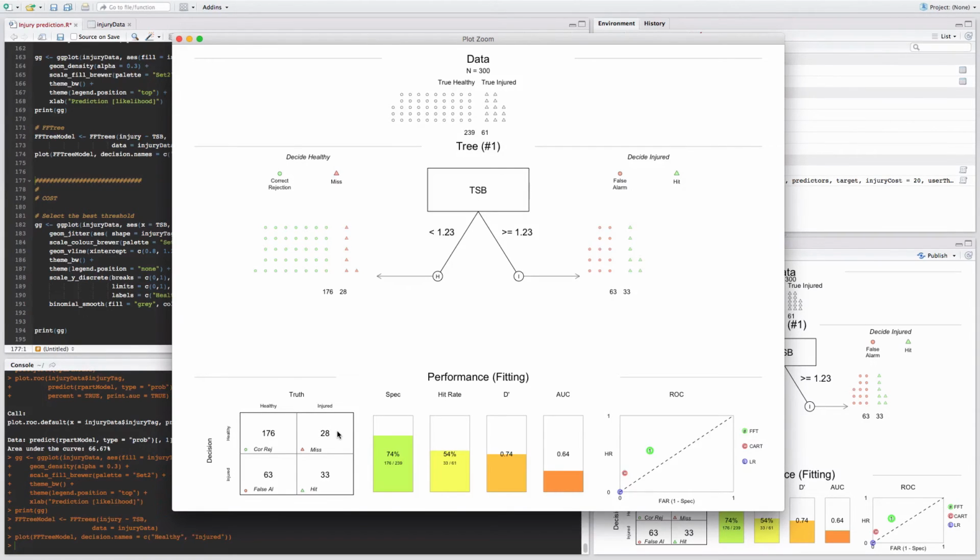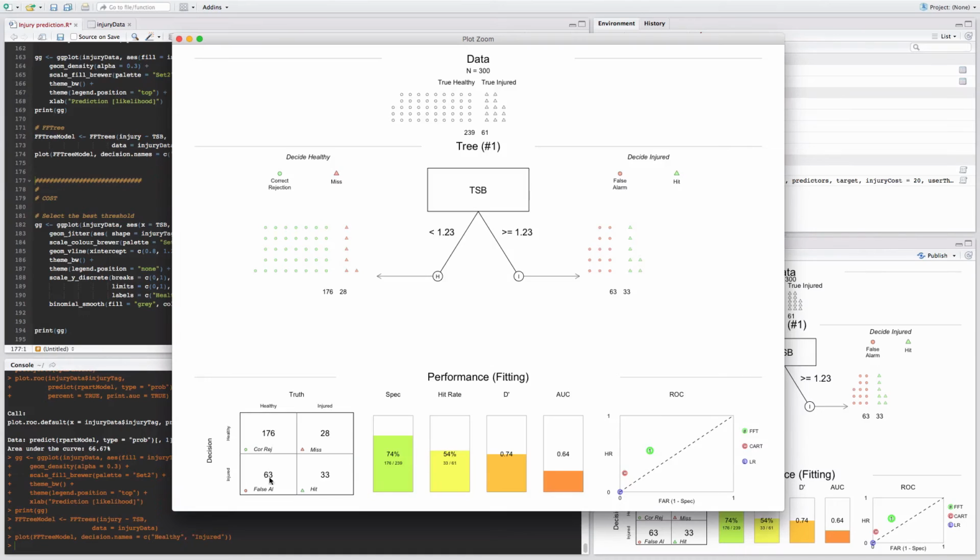For example, let's say this costs me 1, all these 28 times 1, and these cases cost me 20. So the ratio is 1 to 20. Making this error costs me 20 times more than making this error, or calling the guy injured and he is actually healthy, versus calling someone healthy and he actually gets injured.